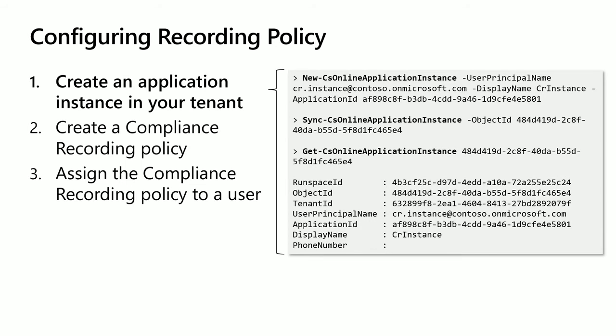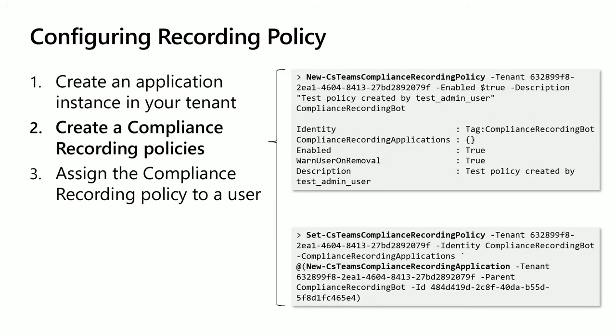So we've integrated this now with PowerShell. You have new PowerShell app cmdlets for Teams that allow you to set the application instance. This is how your recorder is going to show up in the organization. It allows you to map that to an identity. Once you've done that, it allows you to create a new compliance policy that allows you to stipulate a type of setting.